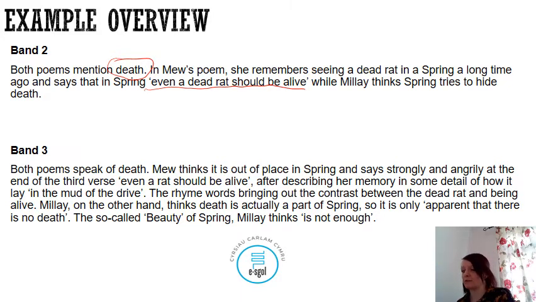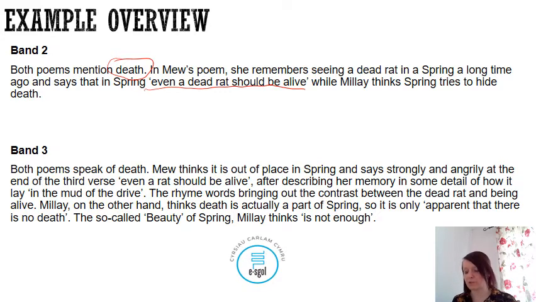And the rat is quite an important symbol in this poem, and it symbolises almost the injustice of untimely death and the fact that although death may be inevitable, the speaker argues that even the lowliest creatures, such as rats, don't deserve to die so cruelly, in a cruel way. So where she talks about how it just lays in the mud of the drive, that is the argument that this particular candidate could have gone on with.